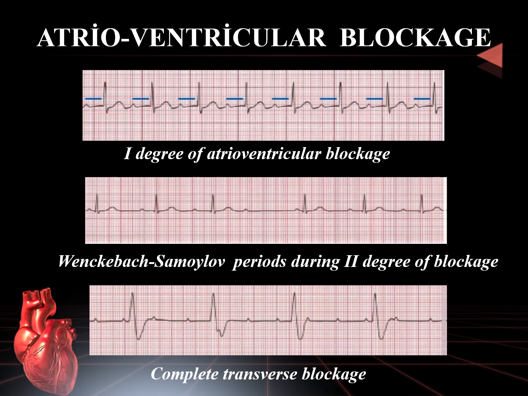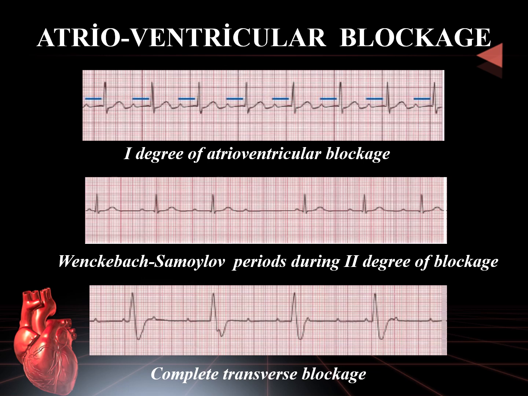The third degree of the AV block is called complete transverse block of the heart. The transmission of impulses from the atria to the ventricles is completely stopped. In other words, a mismatch occurs between contraction of the atria and ventricles.